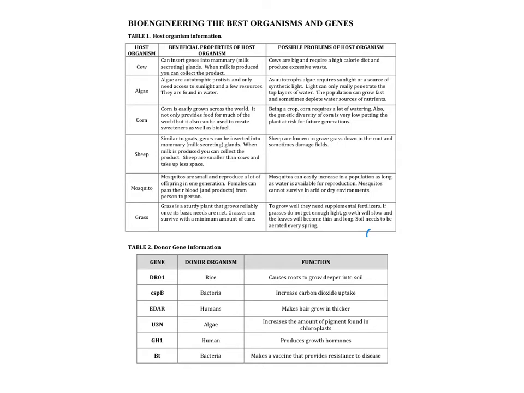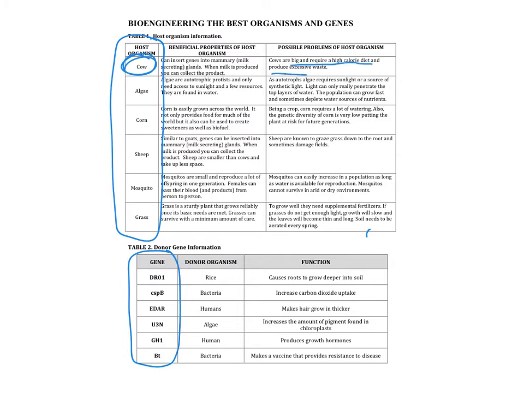So it will talk about the host organism. It will talk about the gene and where that's from. So for example, a host of a cow, possible problems. They're big, require high calorie diet, produce a lot of waste. You know, say I want to put this donor organism into them.